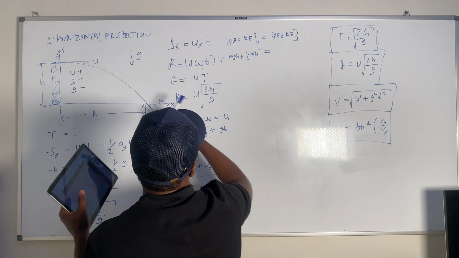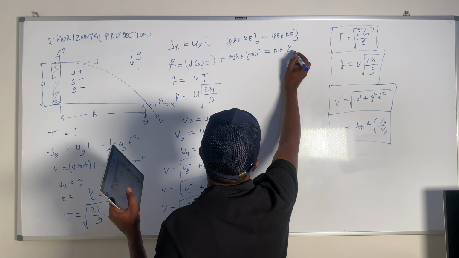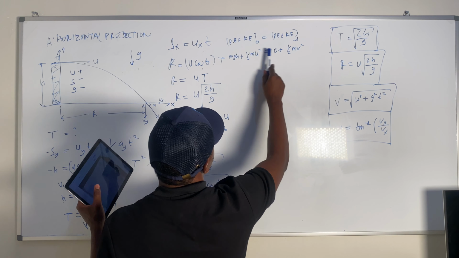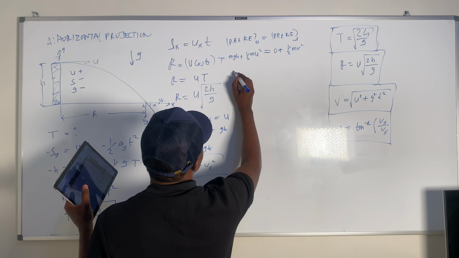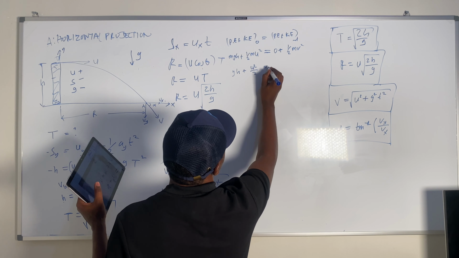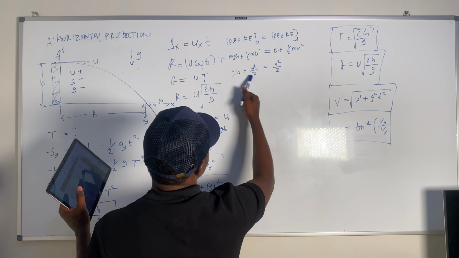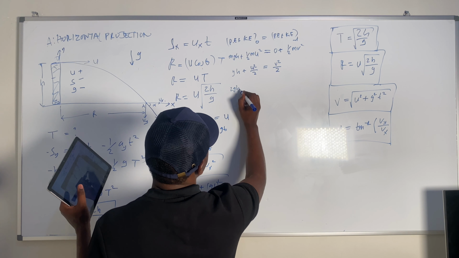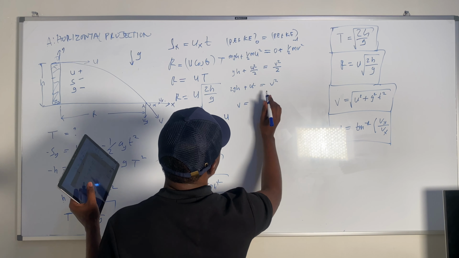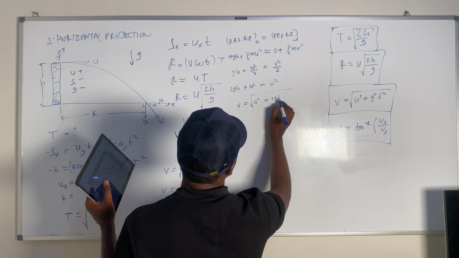It is level ground, so the height is 0. So the potential energy is 0 plus the kinetic energy, which is equal to half m v squared. So m and m cancel. We have gh plus u squared over 2 equals v squared over 2. Multiply by 2 both sides, we have 2gh plus u squared equals v squared. So v will be equal to the square root of u squared plus 2gh.